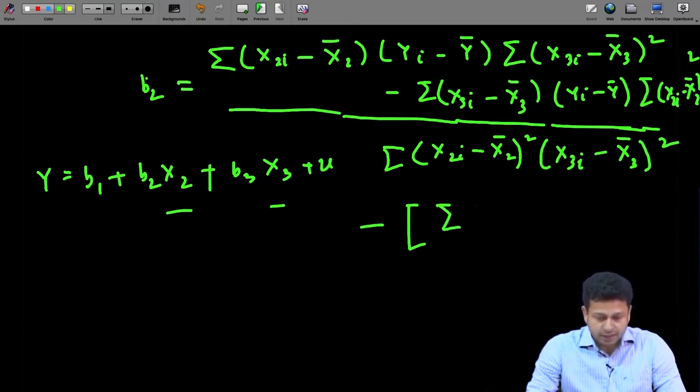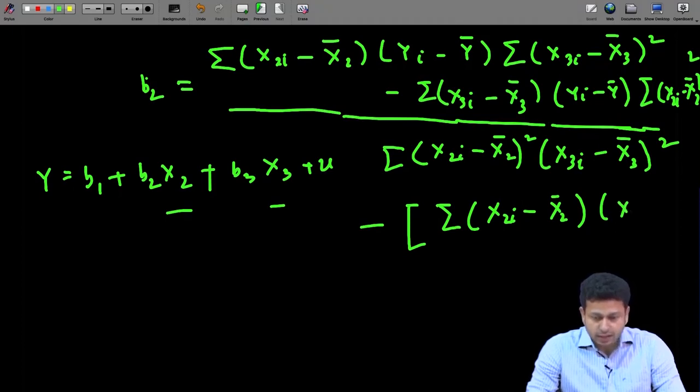The purpose of writing this equation is not for you to remember it, but to understand why the perfect collinearity problem occurs. It's good to have some idea of how the value of beta 2 looks with more than one explanatory variable. With 3, it will be even more messy.